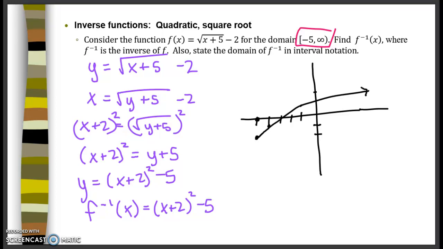Okay. Now my inverse is a parabola, but I'm going to go down 5, and then to the left 2. So I end up with a point here.